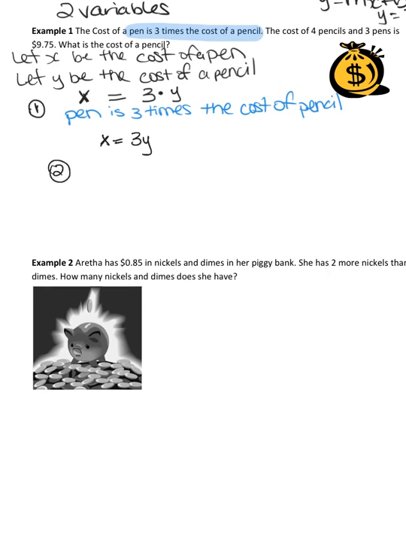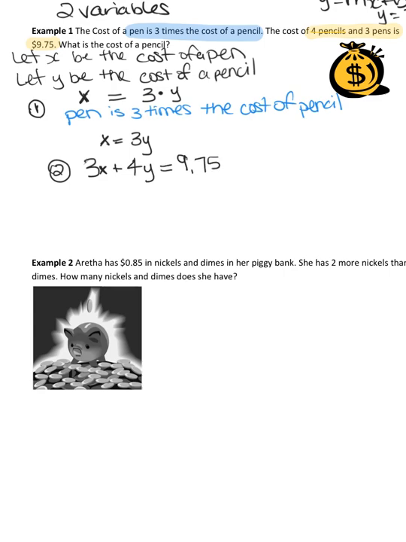My second equation or formula now is going to deal with the second part of this problem, which is that 4 pencils, might help if it's a highlighter, 4 pencils and 3 pens equals $9.75. Okay, so what this means now is that 3 pens, so 3 x's, plus 4 pencils, so 4 y's, equals $9.75.